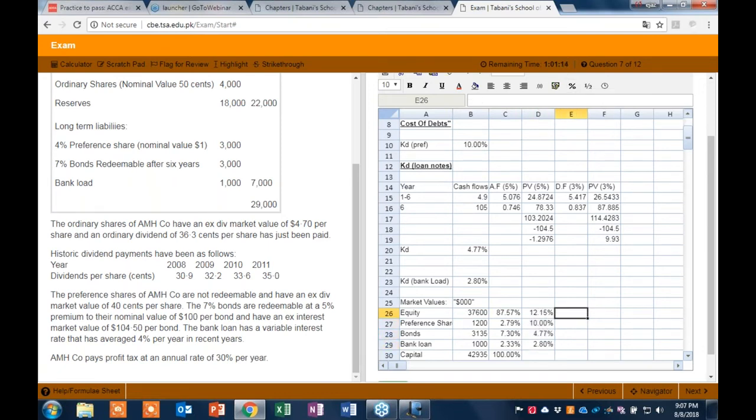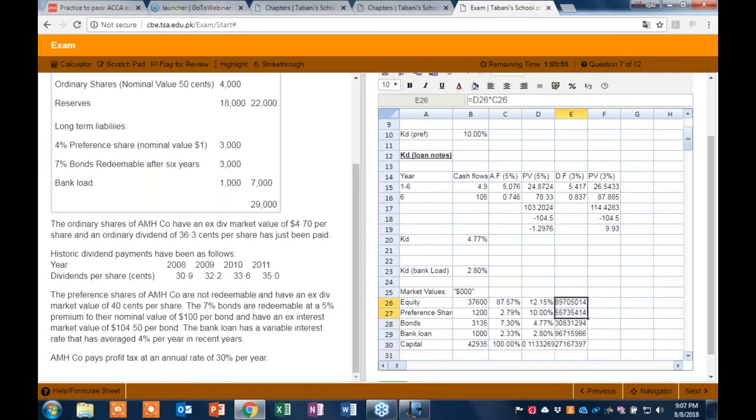We've got the percentages, and we just need to multiply these values together, and then sum all the values, and change the format to percentage.